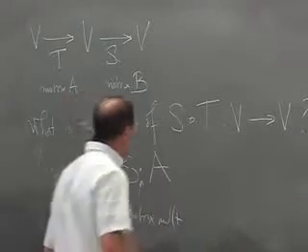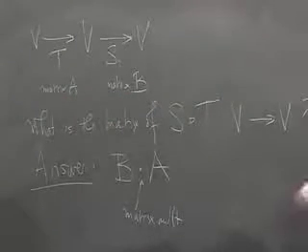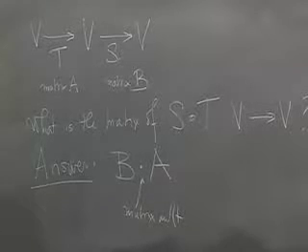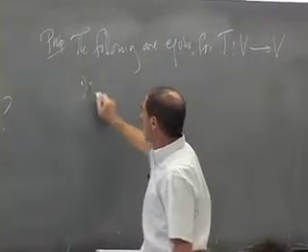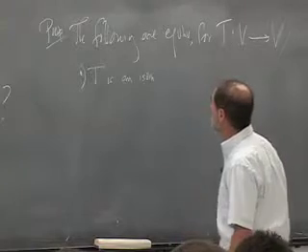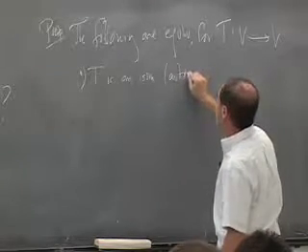In particular, we have the following result, proposition. The following are equivalent for a transformation T from V to V. 1, T is an isomorphism, or we might say an automorphism.